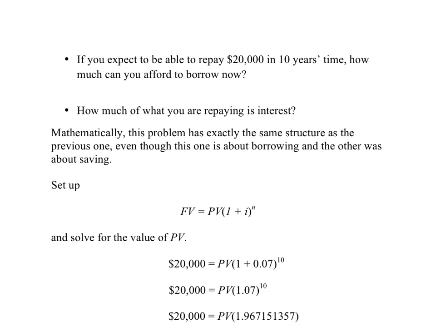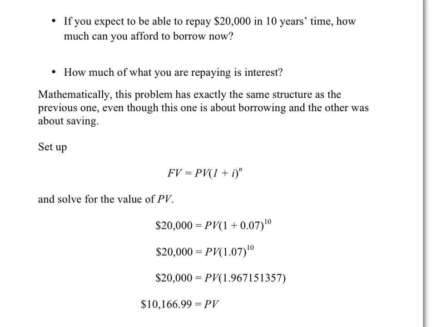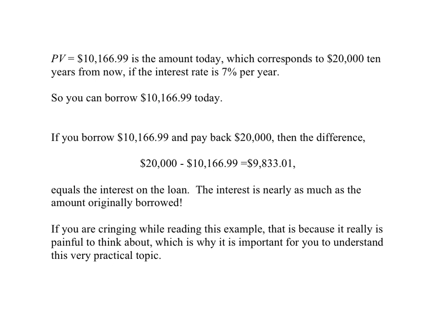That's the same as being multiplied once by this 10-year growth factor, 1.967151357. So $20,000 equals the result of taking today's debt and multiplying by the 10-year growth factor. That turns out to equal $10,166.99.